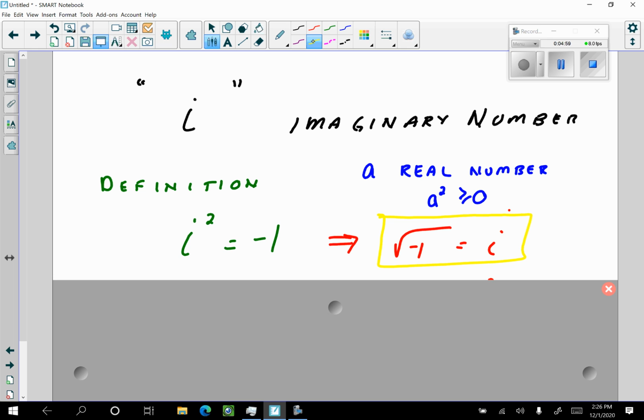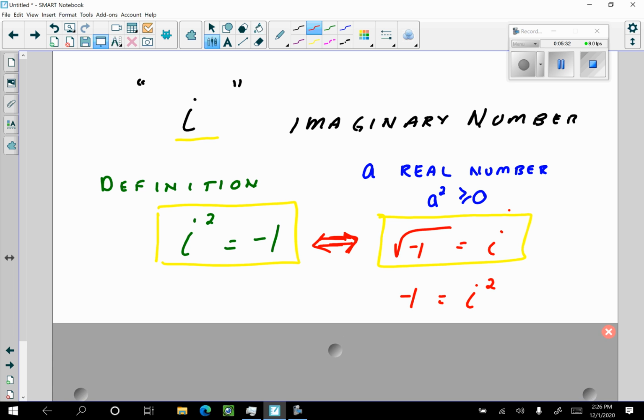So both of these could be called the definition of the imaginary number i. i squared is -1, and I'm going to put a double arrow there, if and only if the square root of -1 is equal to i. We will talk much more about the imaginary number, but it's enough for us today to realize that the square root of -1 is i.